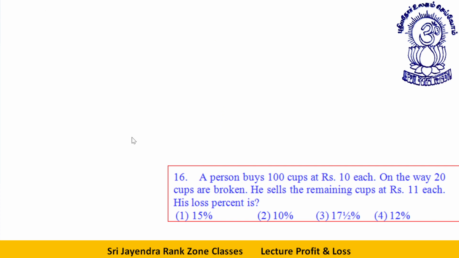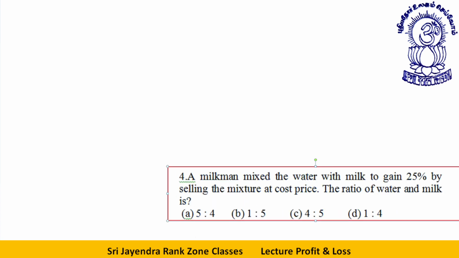Next question. A milkman mixed the water with milk to gain 25% by selling the mixture at cost price. The ratio of milk and water is? Students, this time it is directly.